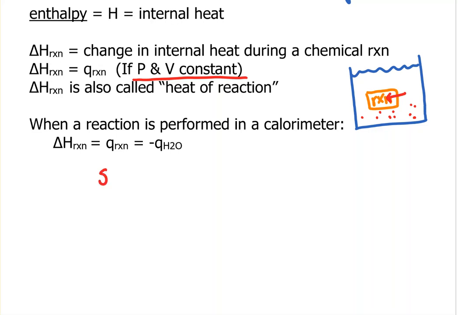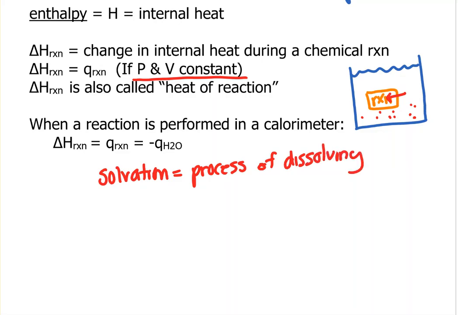The word solvation means process of dissolving. In this whole thing, we refer to this as a salt, and I just want to remind you that salt, of course, does not have to be table salt, but it could be any ionic compound.